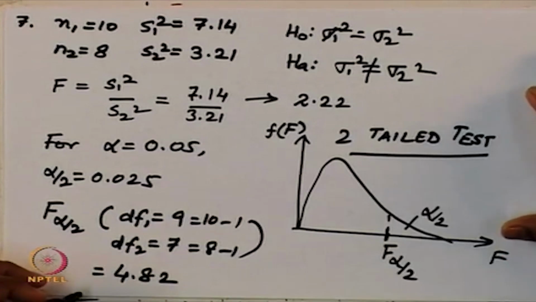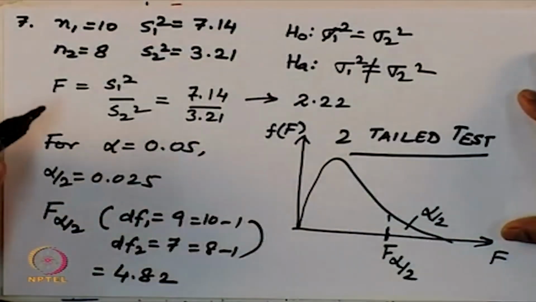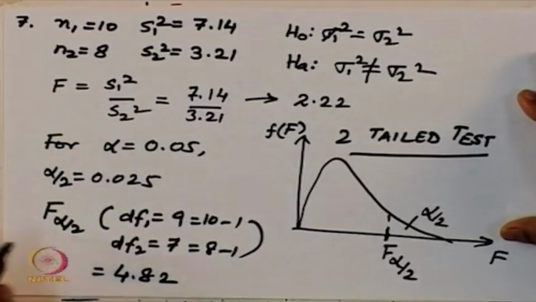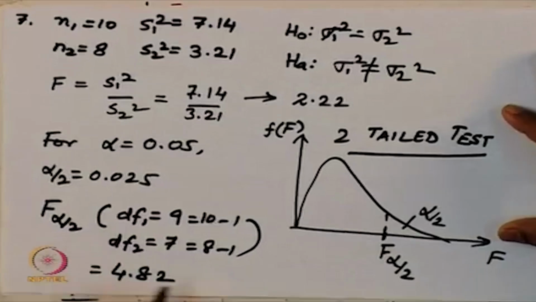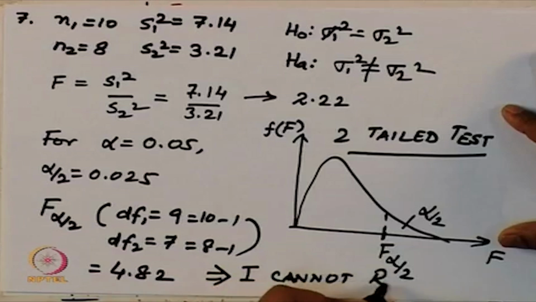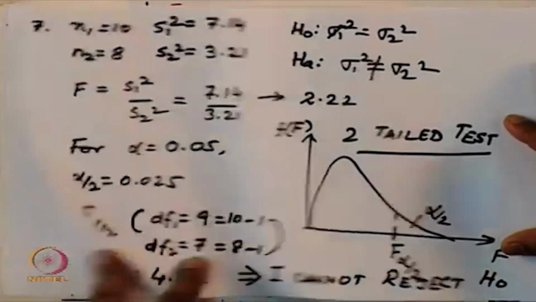I can reject my hypothesis if this calculated value of f, 2.22, is greater than f of alpha by 2, but in this particular case 2.22 is less than 4.82. So, this means I cannot reject H naught.